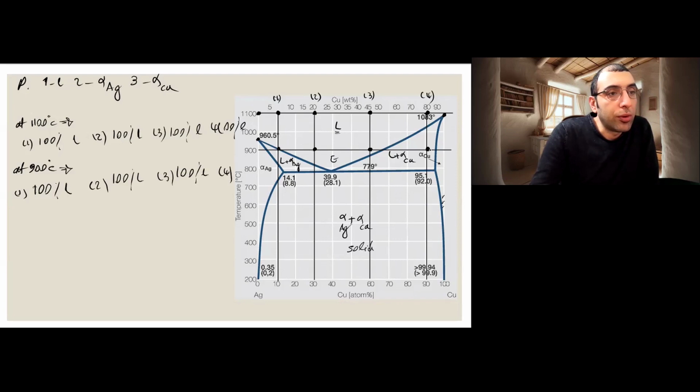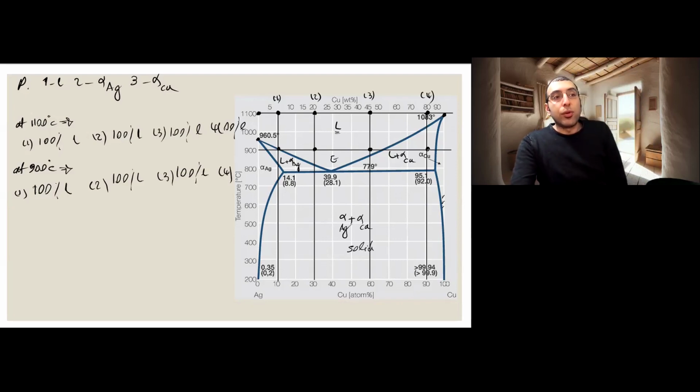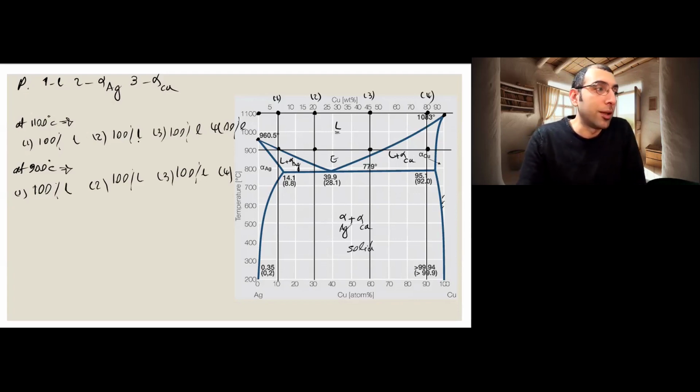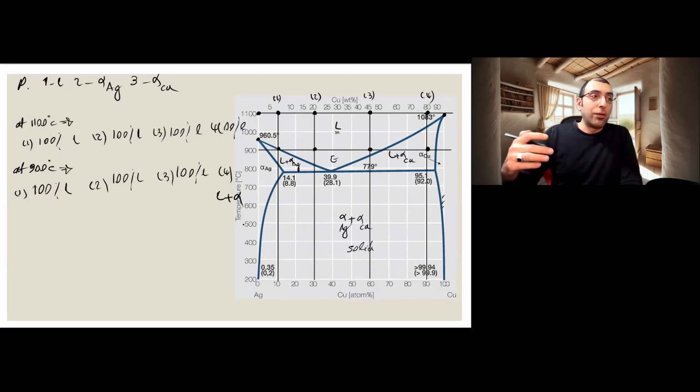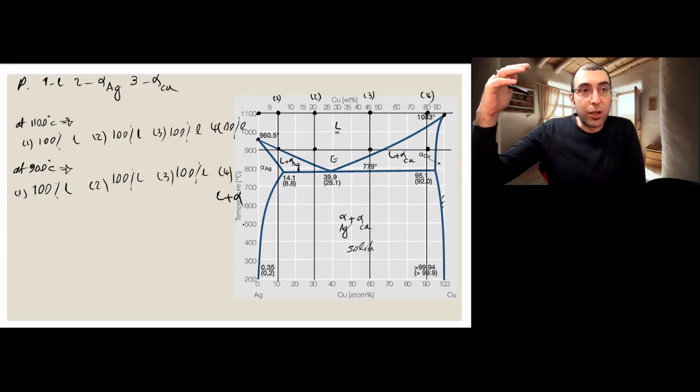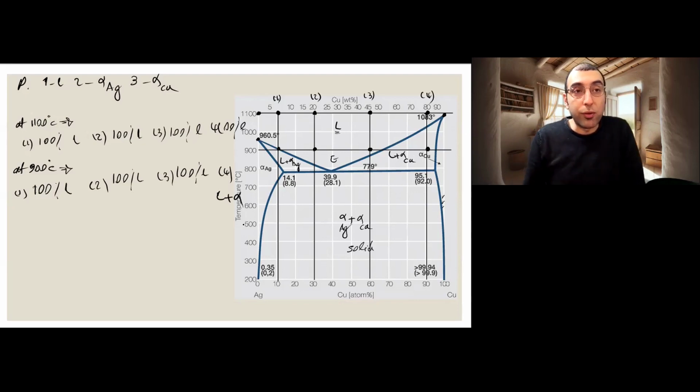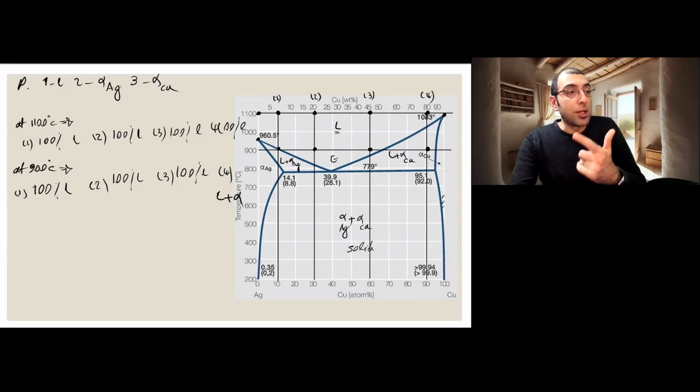And for alloy number 4, we have entered the two-phase region, liquid plus alpha. So we can begin our example from here. For all the other alloys, we have 100% liquid, but for alloy number 4, which has 90% copper, we are now at 900 degrees in a region that has two phases, liquid plus alpha.